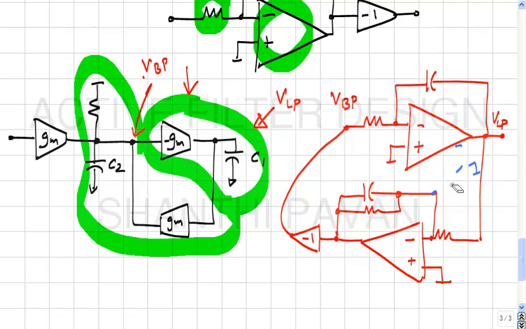So that can be, this voltage is anyway virtual ground, correct. So I can, you understand, okay. The input is getting converted into a current and injected into the RC, correct. And the voltage across the RC is the band pass node.